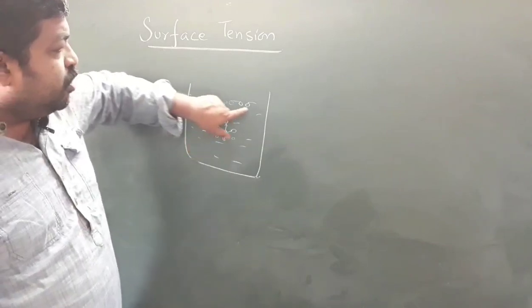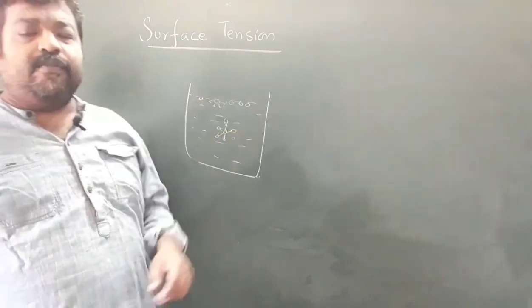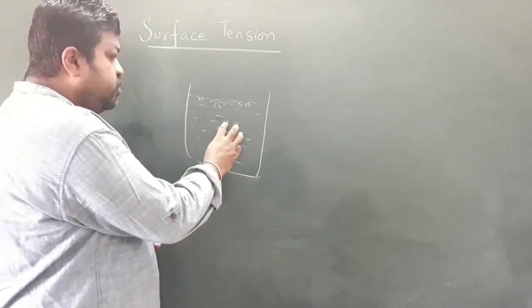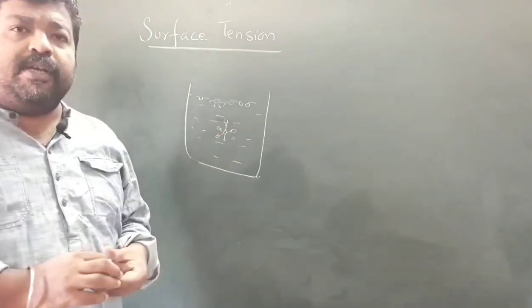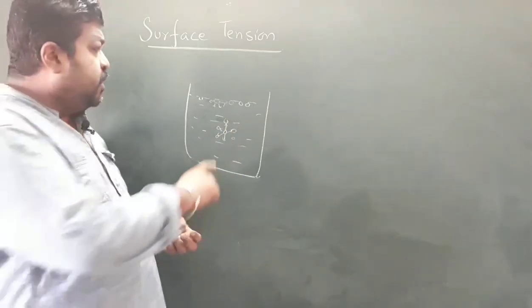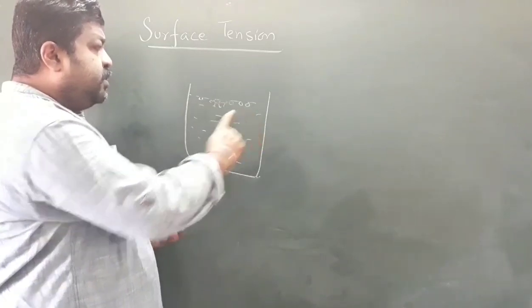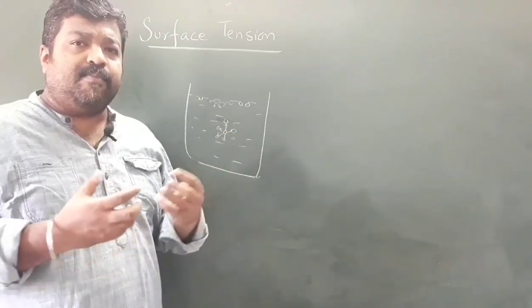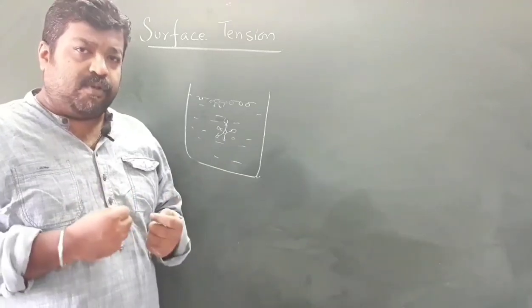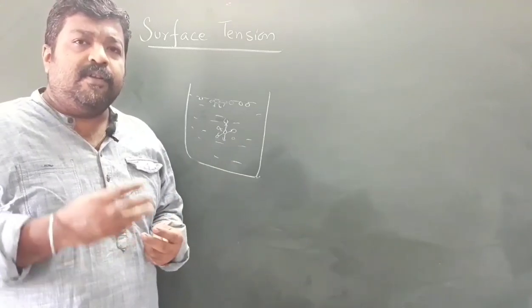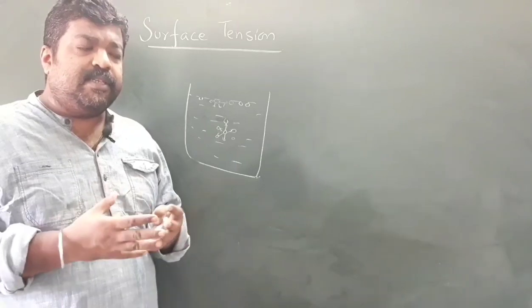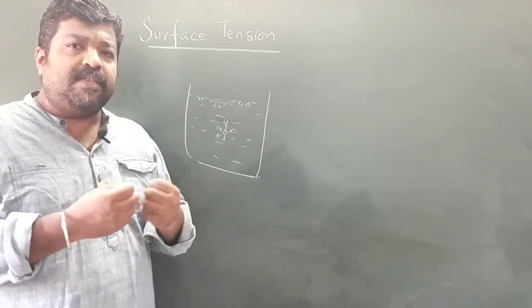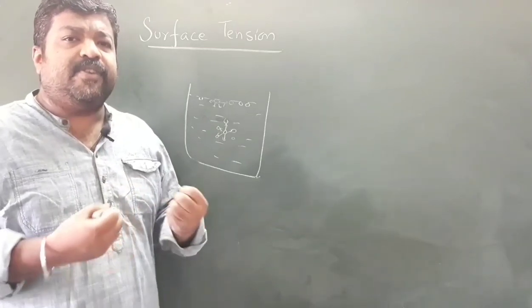So that means these molecules are not in a state of equilibrium. The molecules in the interior of the liquid are in a state of equilibrium, but the molecules on the surface are acted upon by an unbalanced force. Now we know that when a system is under the influence of some unbalanced force, it will have some extra energy.